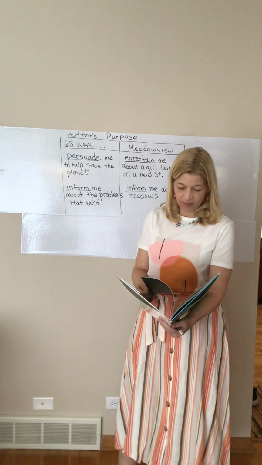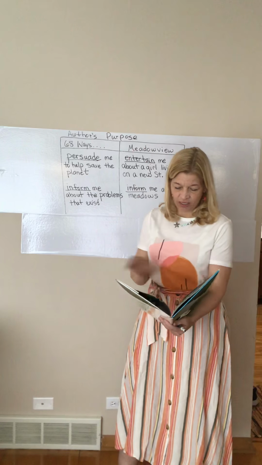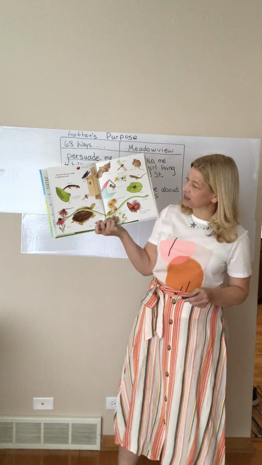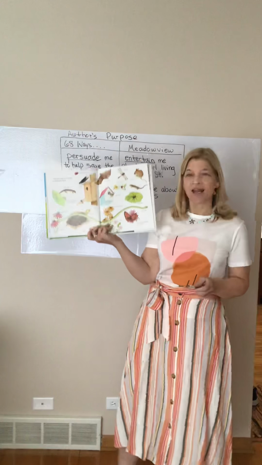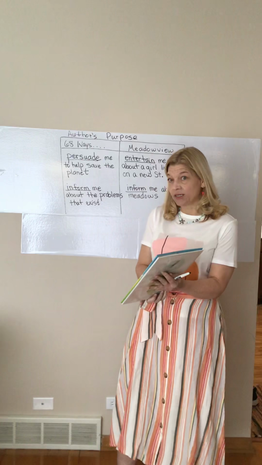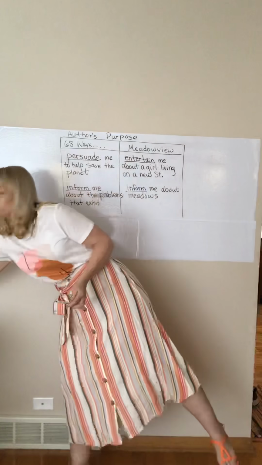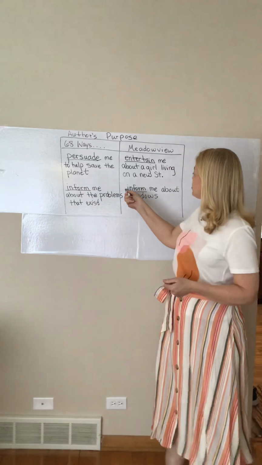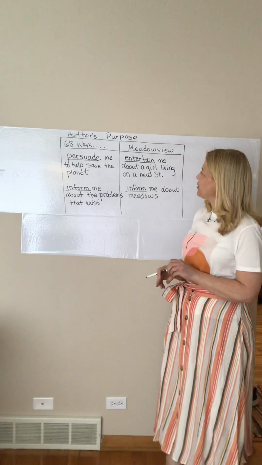But I remember that page. Let me see if I can find it. Right here. And remember they had all the different insects and creatures and birds and plants that you would find in a meadow. So if I wasn't sure what a meadow was, that would be a really good page for me to kind of begin that research on. So I would say that the author was also trying to inform me about meadows.